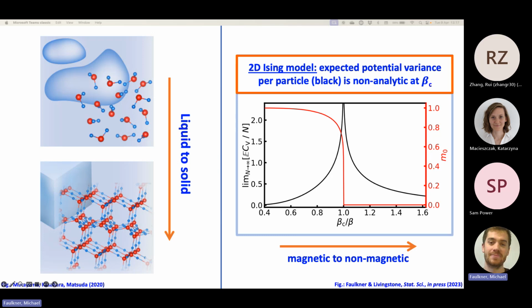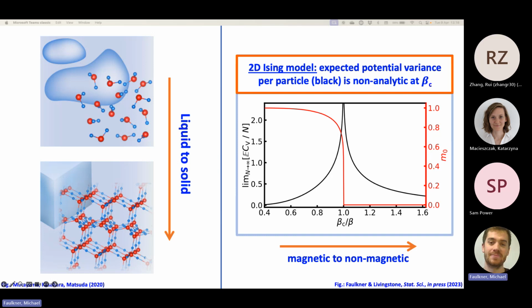As you cross this transition, in the liquid phase, the correlations between the particle positions will typically decay exponentially with separation distance, whereas in the solid phase, at long distances, you have no decay in the correlation functions. So you get a distinct change in the behavior of these correlation functions as you pass through this phase transition.